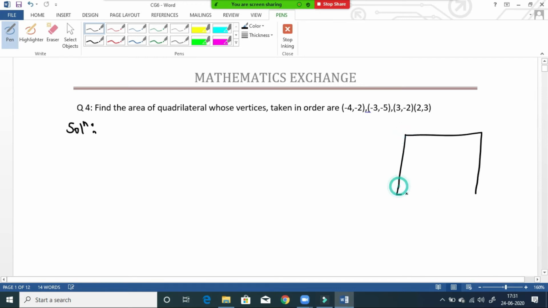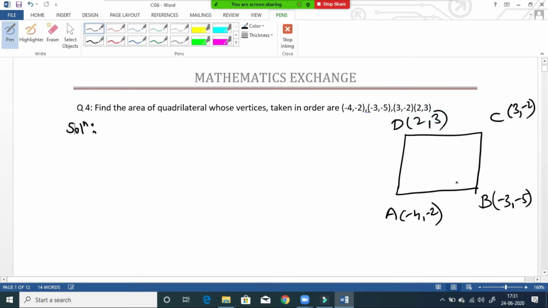So suppose this is a quadrilateral, we name it as A, B, C and D. Now A is having vertices (-4, -2). Suppose B, we assign vertices (-3, -5). C is having coordinate (3, -2) and D is having coordinate (2, 3). Now we draw one of the diagonals.